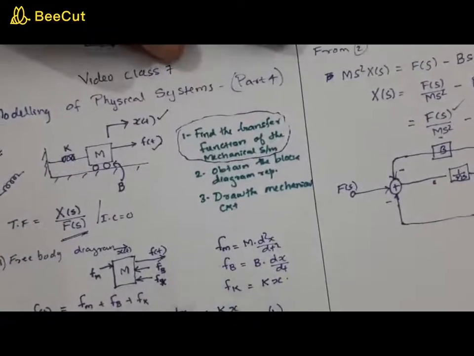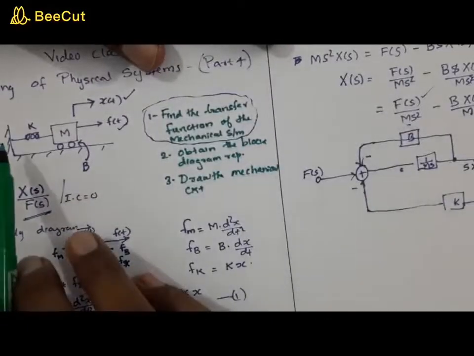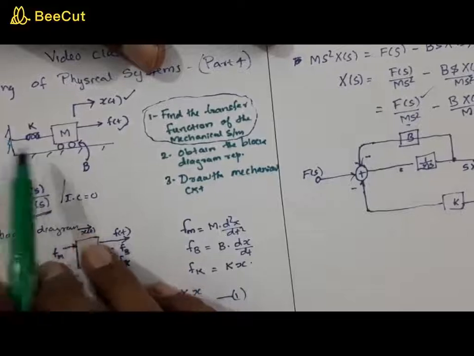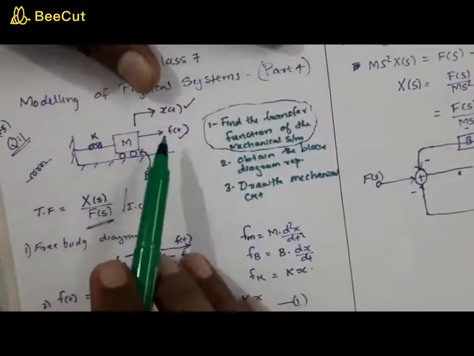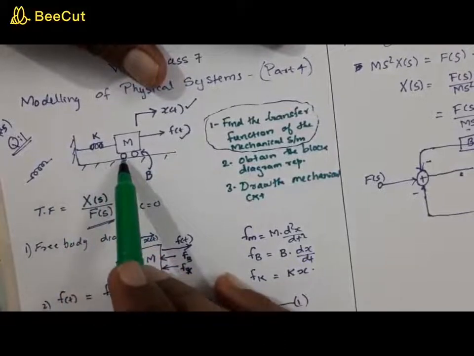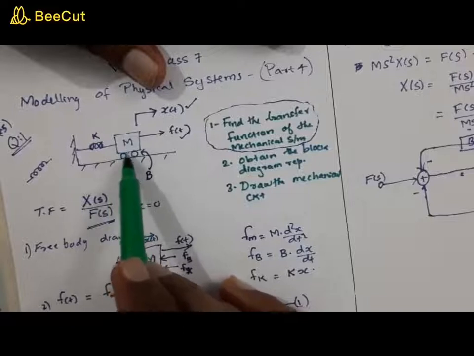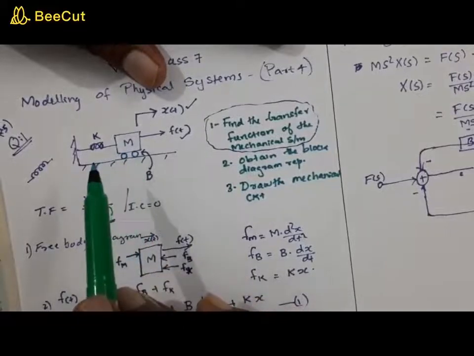While drawing the mechanical circuit, you need to understand what the fixed points are in the mechanical system that's shown. You can see that the spring and the damper are fixed, and one side of the mass is also fixed, right?